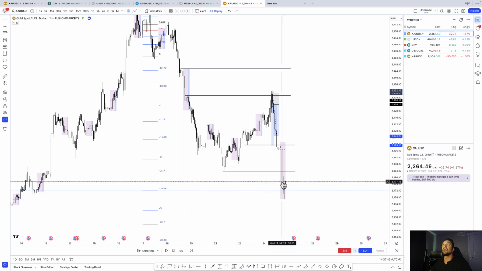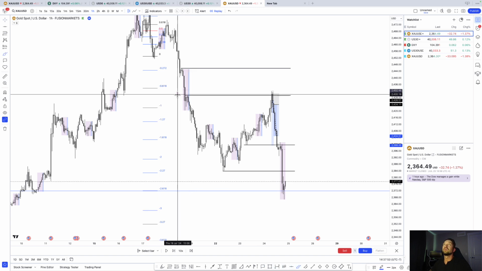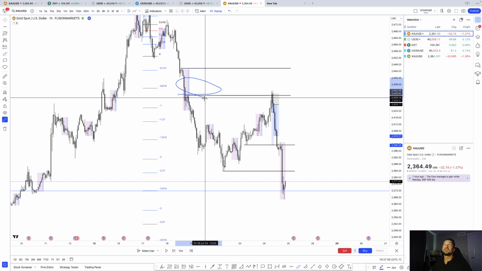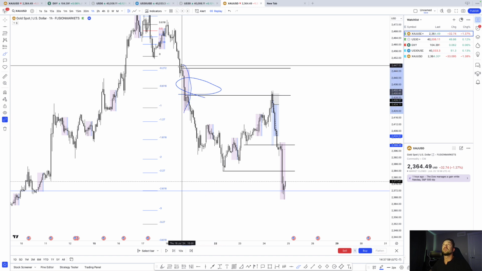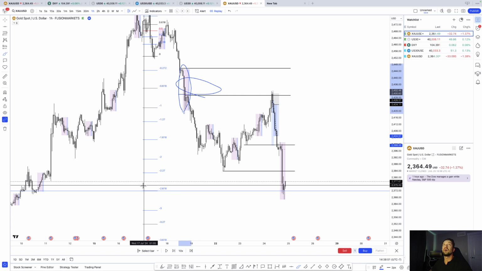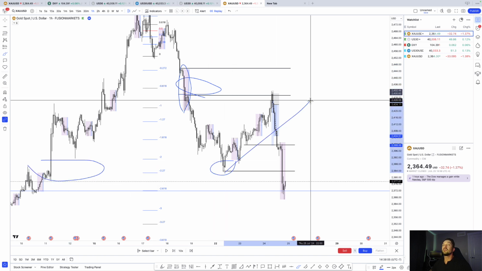Gold came and reacted. By the way, for those of you that are paying attention, this is when Trump spoke and said he's going to lower taxes, and the US dollar got bought, gold got sold off. This is CPI, price reacts, reverses price.